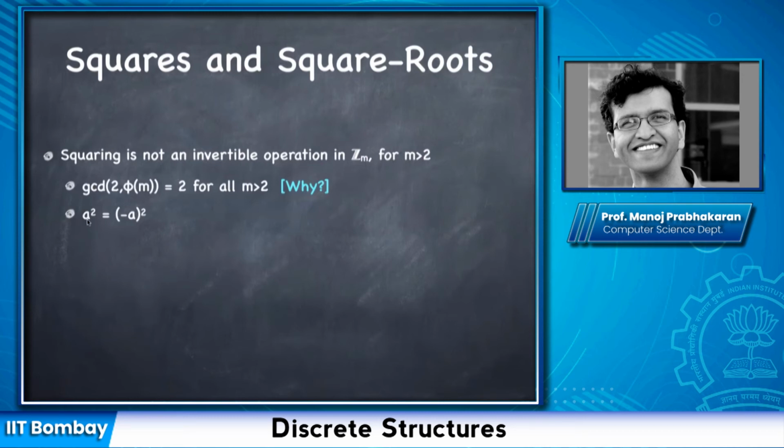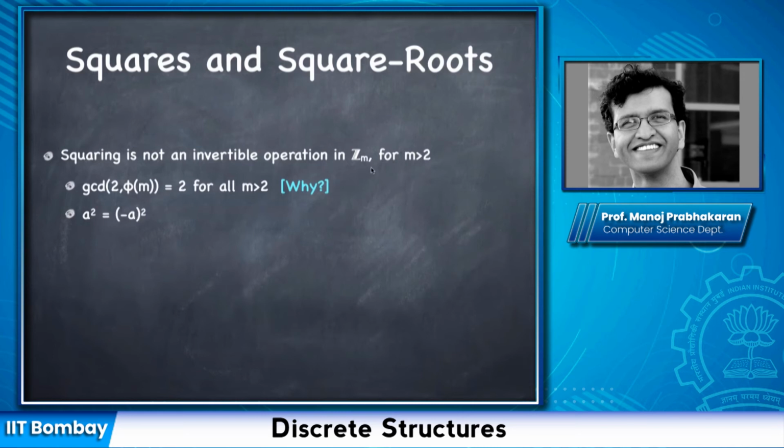Here is another reason to convince yourself that squaring is not an invertible operation. If I took a number and squared it, or took its negative and squared it, they both give you the same value, which means that a square has 2 square roots, a and minus a. And a and minus a might actually be distinct numbers.